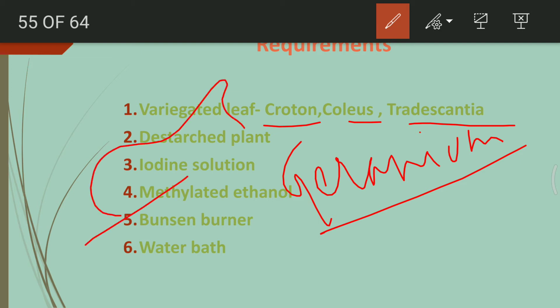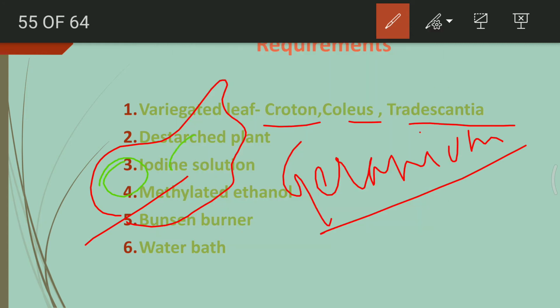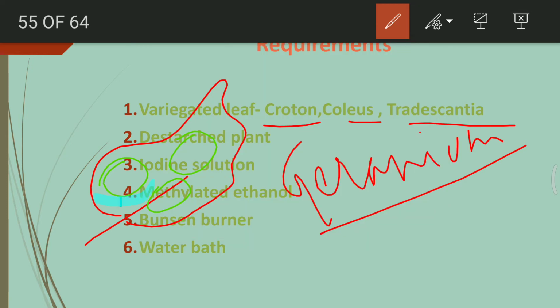In the sense, if this is a leaf, this leaf has some portions which are green. Suppose this is a portion which is green, whereas the rest of the entire portion is of some other color, say red or blue. Now these portions which are red or blue are not at all capable of performing photosynthesis, but the areas which are green will be the only ones capable of performing photosynthesis.